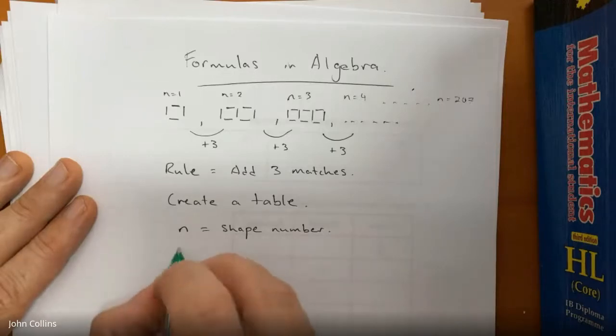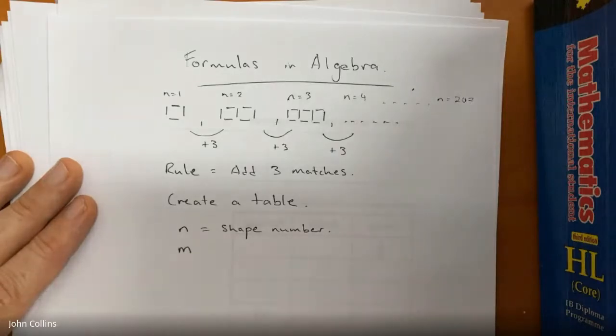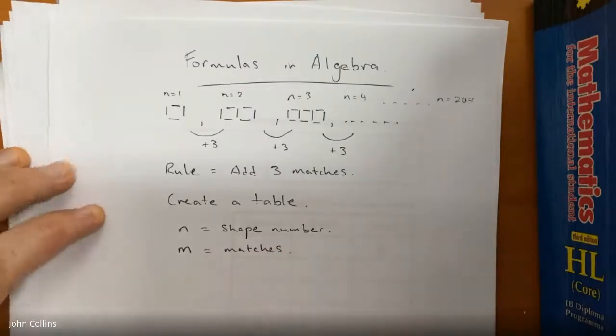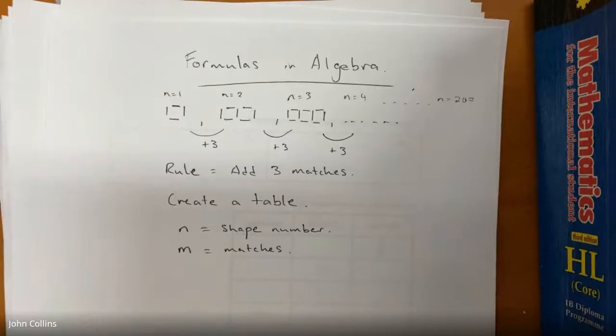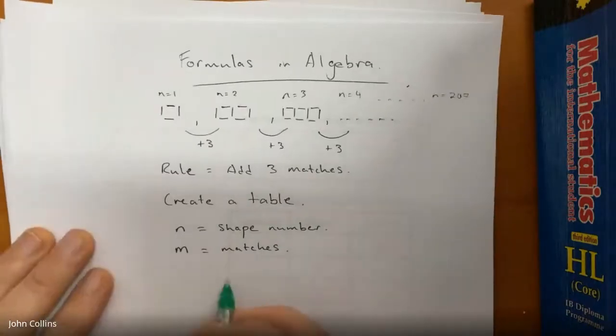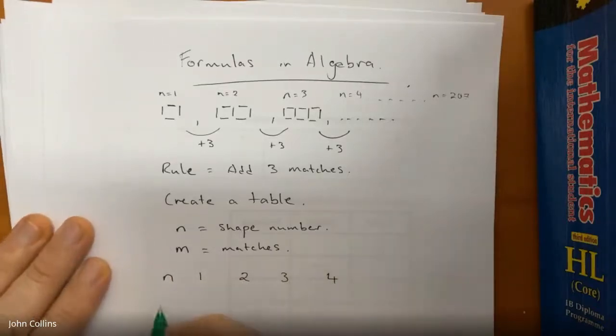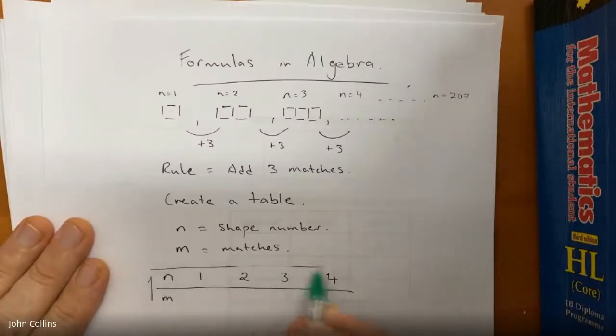I call them matchsticks, so I'm going to use m for matches. Okay, so let me create my table. n: shape 1, shape 2, shape 3. Let's do the 4th shape as well. m for matches. Possibly could have used two better letters that didn't sound exactly alike, but sure, that's life.